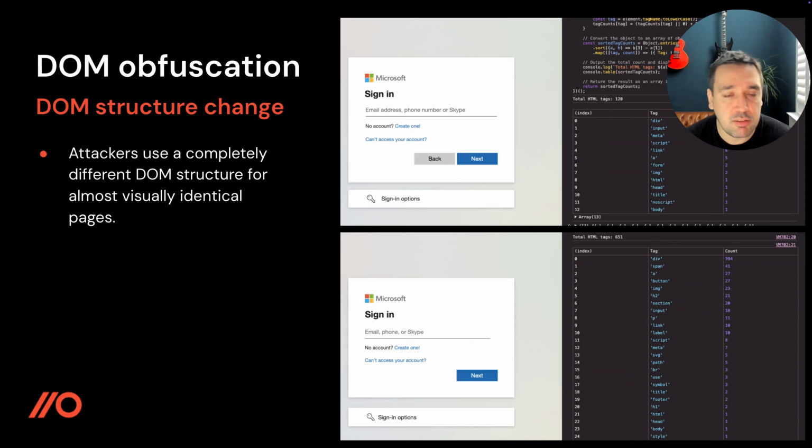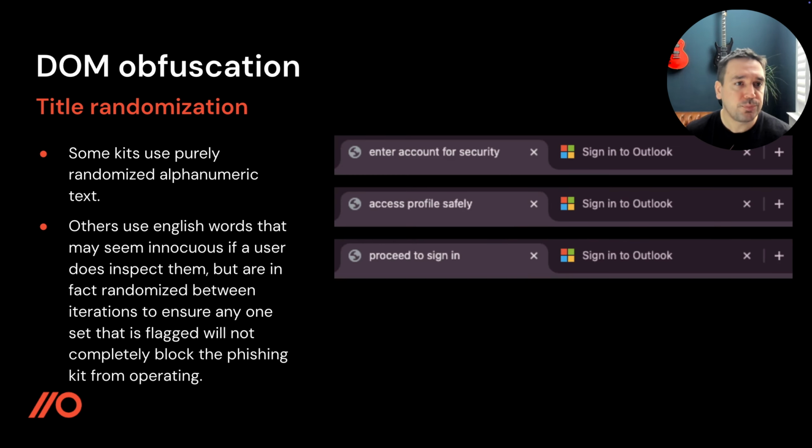It's completely and utterly different. So under the hood, if you're trying to match on things that look like Microsoft HTML code in the DOM, you're not going to be able to do it. So this is a very common thing we see, complete obfuscation of the DOM structure entirely, but visually identical. That's the approach they're taking.